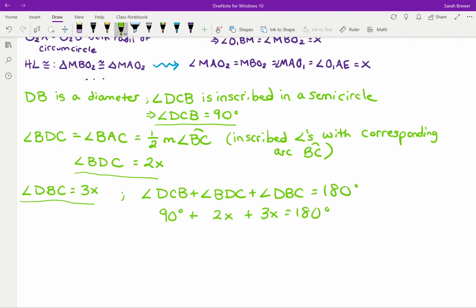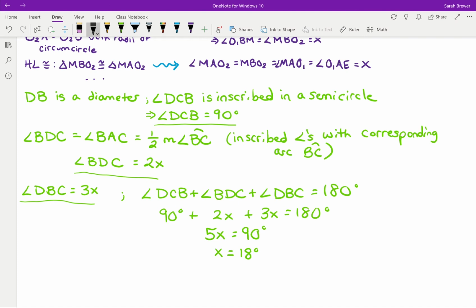Combining like terms, we see that 5x is equal to 90 degrees, and if I divide 90 by 5, I get 18 degrees. And so now I can easily find the desired angles.